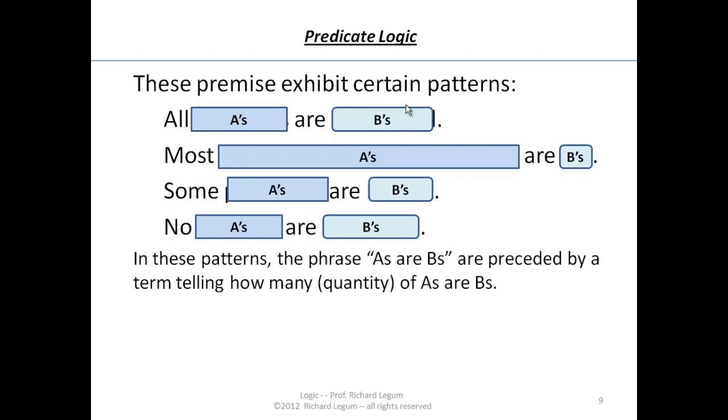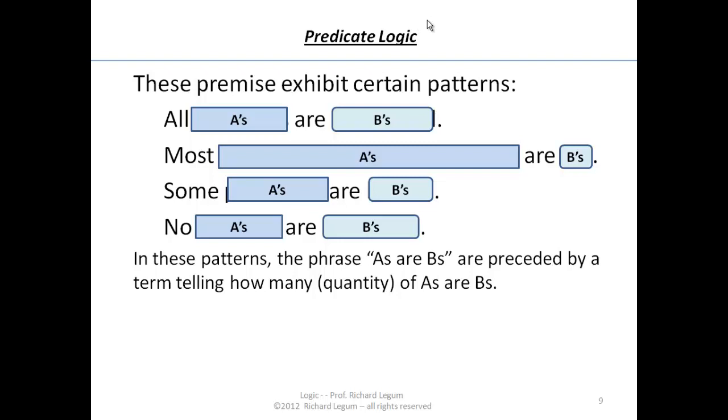Okay, notice in these patterns, or the premises that are part of these patterns, the phrase "A's are B's", didn't matter what the particular was, are preceded by a term telling us how many of the A's, how many of the first class or the first category, or how many things having that quantity have that property.